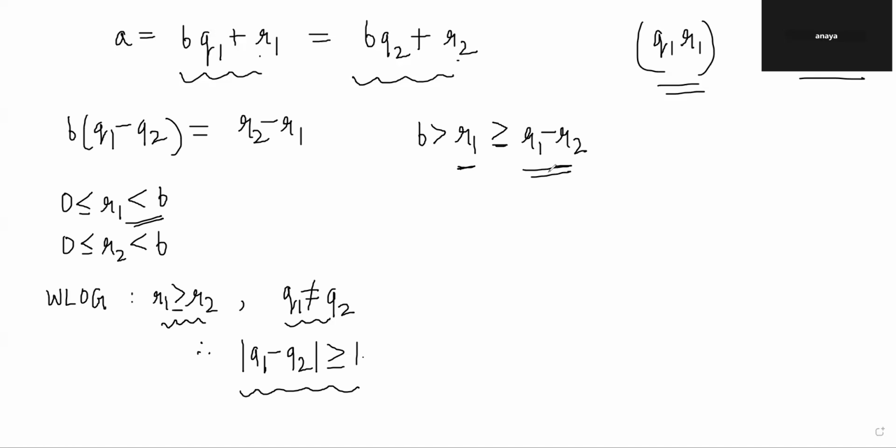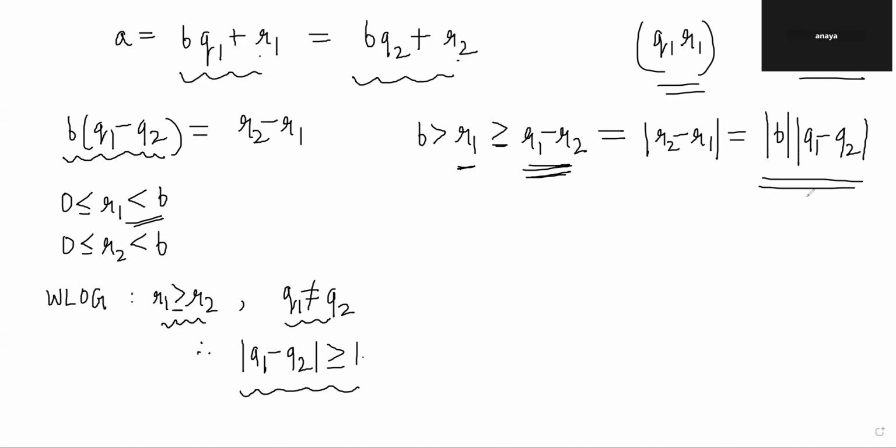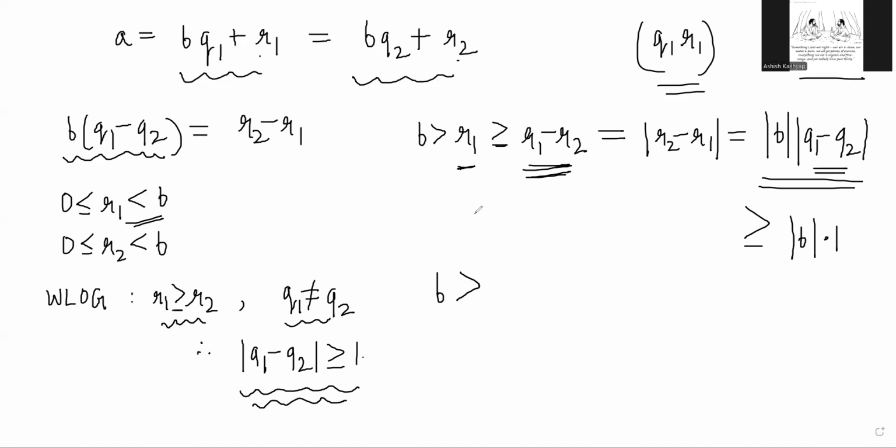And this part, r1 minus r2, is equal to mod of r2 minus r1. And the mod of r2 minus r1 can be written as mod of b, mod of q1 minus q2, right? And we can say that this thing is greater than or equal to mod of b into 1 from here. So what we are getting now is b is greater than this.